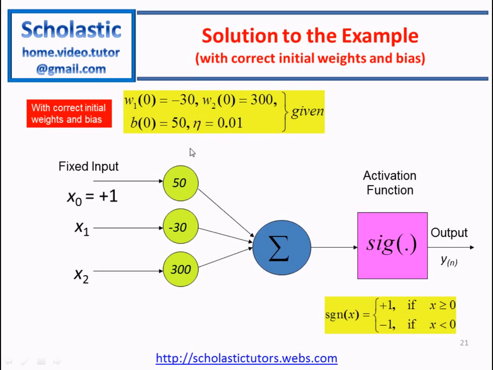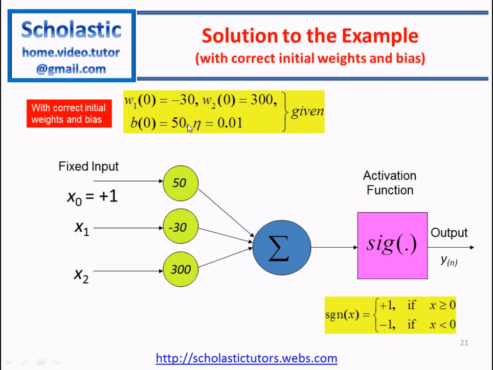But say somebody has trained the network and got the values correctly, and he tells you that the weight vectors w0, w1 and w2 at timestamp 0 are -30 and 300, and your bias should be 50. So this is after some training.